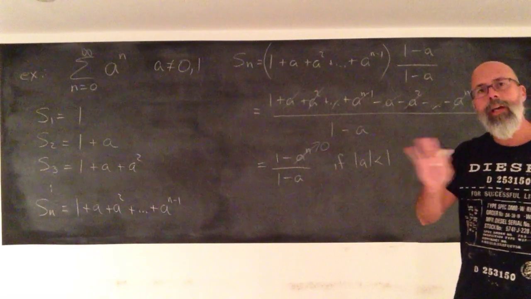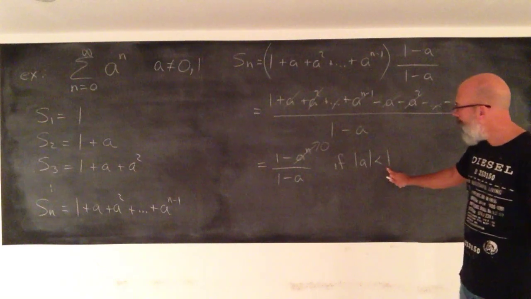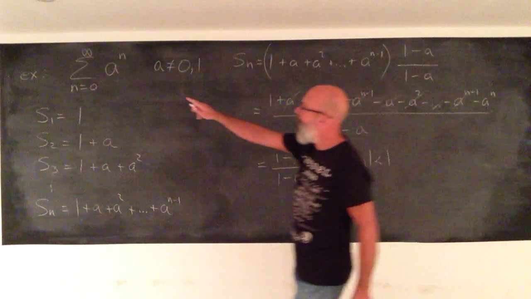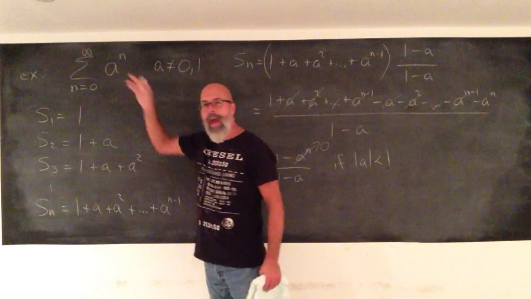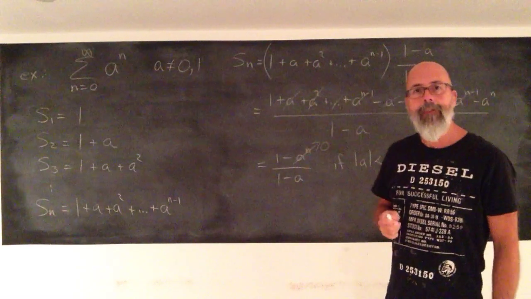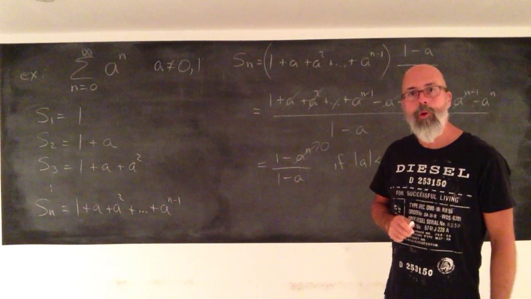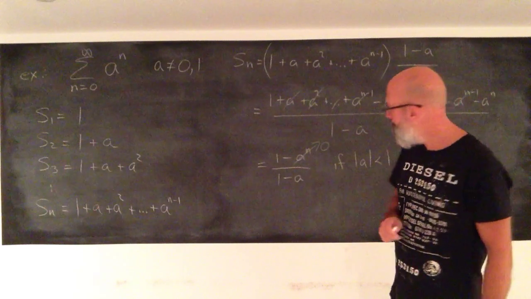If A is outside of that interval, if A is bigger than or equal to 1, think about what's happening here. You're going to be adding numbers that are bigger than or equal to 1 infinitely many times. No hope of convergence, you're going to get infinity.